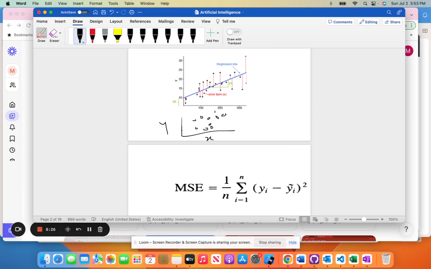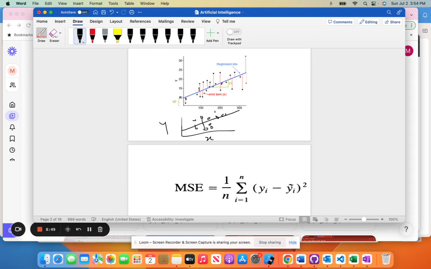When we draw a line like that, you can see that some points are on the line, I mean that is the best fit, but some are away from the line, like this one. When we draw a line like that, it works the same way.